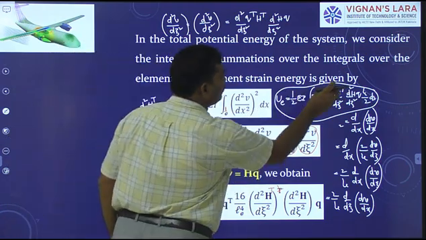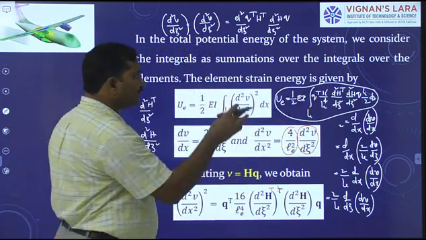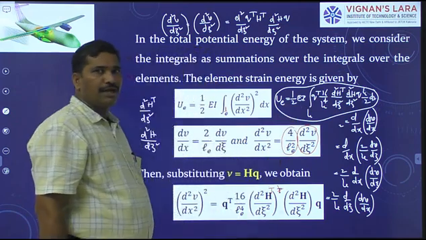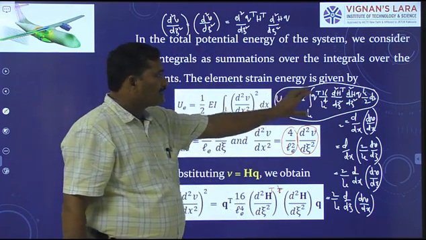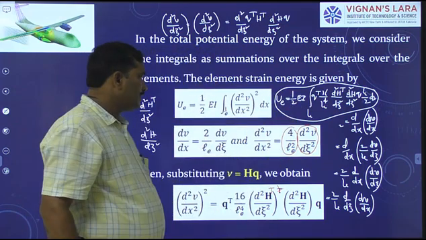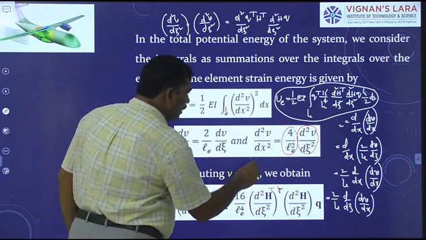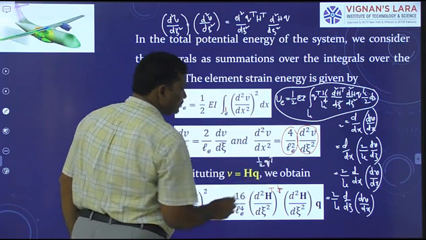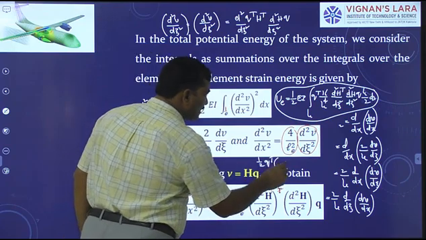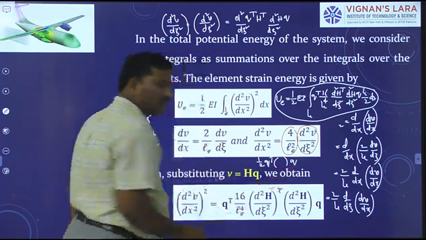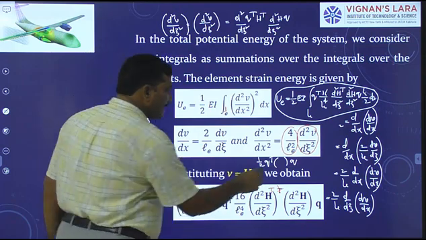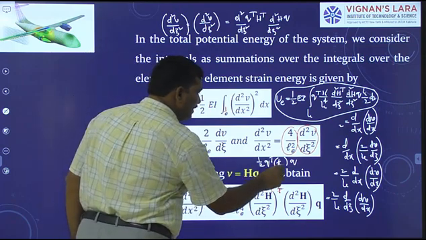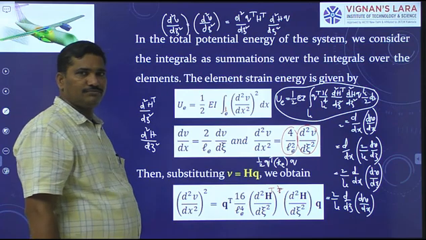Then you can substitute here, and compare this element strain energy with the form half into Q transpose into some bracketed term into Q. This bracketed term is called the element stiffness matrix.